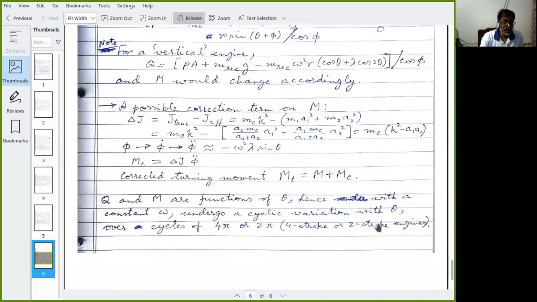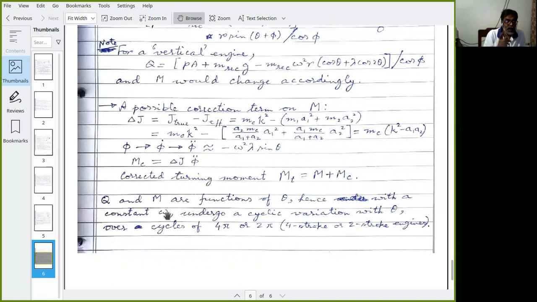In proceeding, what will be important to know is that this Q, the force through the connecting rod, and this moment M are functions of theta. Hence, with a constant W, within a cycle, it will undergo a cyclic variation with theta.